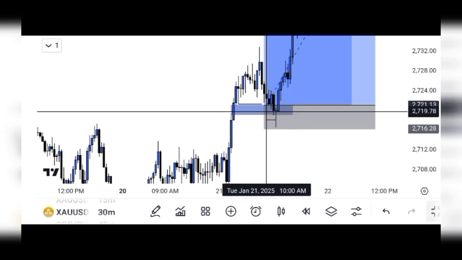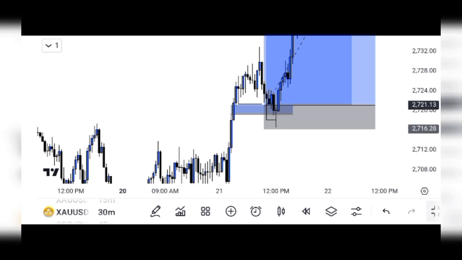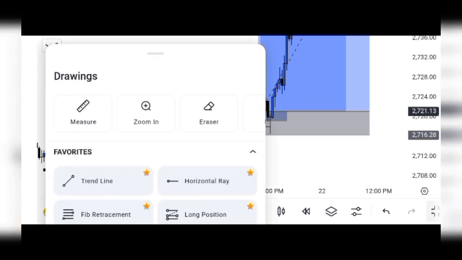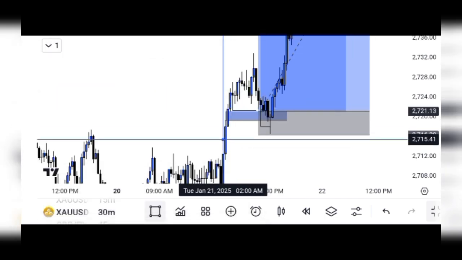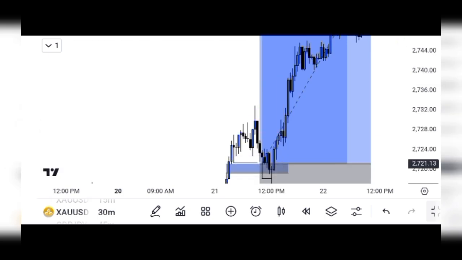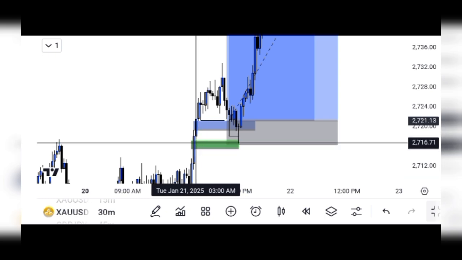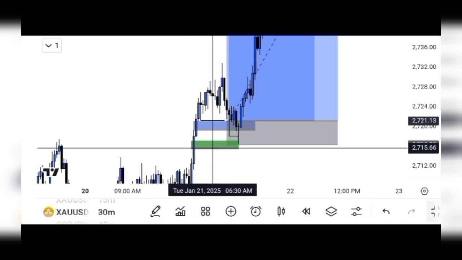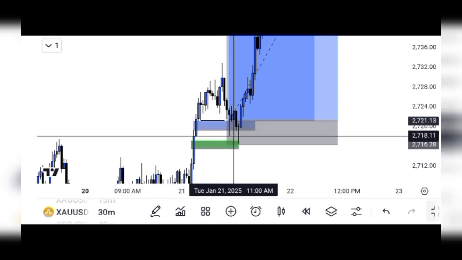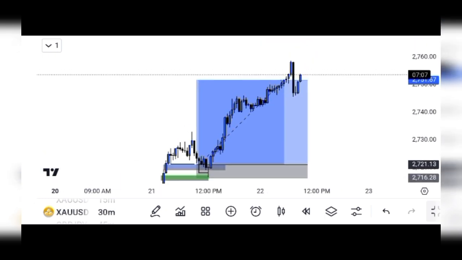Price made use of this fair value gap. When you have a fair value gap like this, you can see price engineers liquidity right here above this fair value gap, and then goes in my direction.